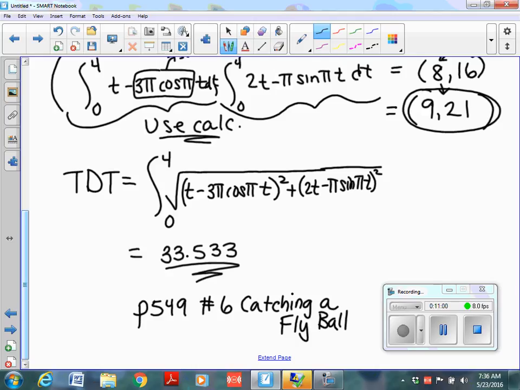Read through that one. They want you to find the position, which means you have to integrate. They want you to find the velocity, and at what time t. So just kind of follow that and see if you can follow how they got the answer. So, okay, that's the end for vectors, which was 11.2.